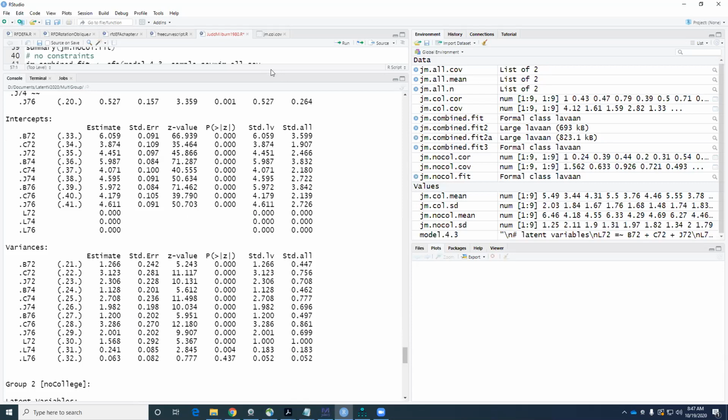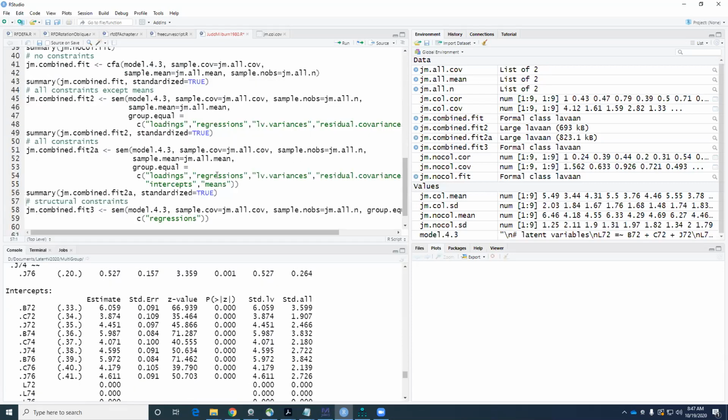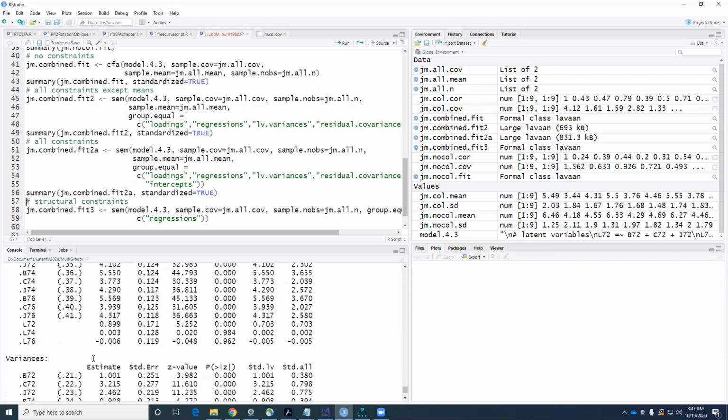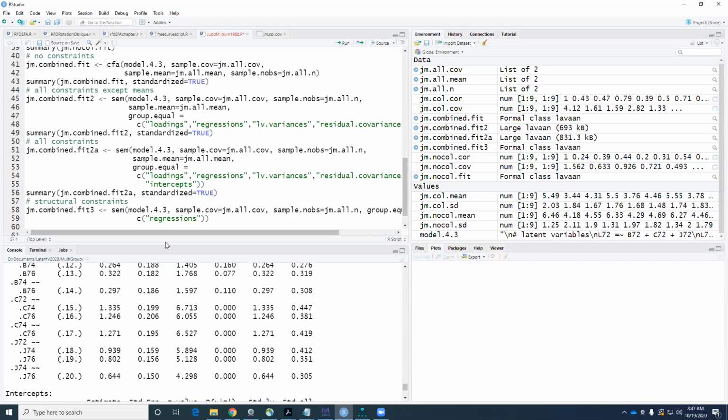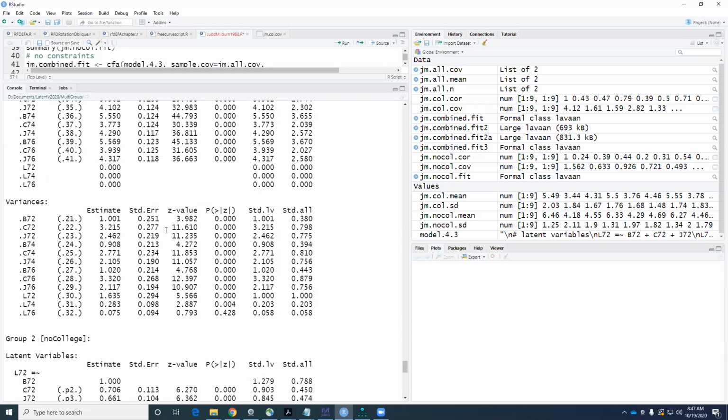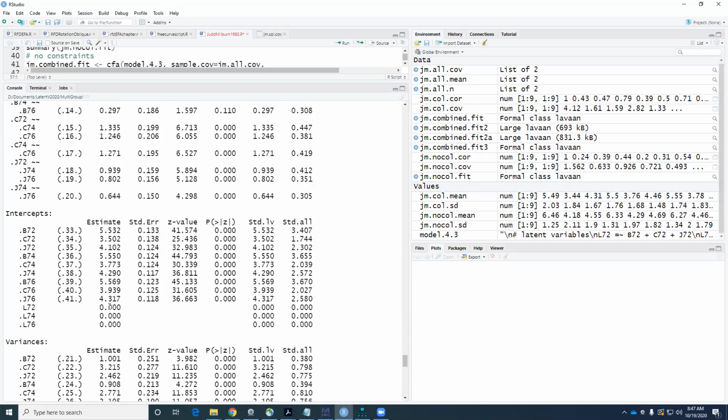I could come back upstairs here and fit another model that says that the intercepts are the same, but that the means are actually different, to mirror what we did before in Mplus. So now here in group one, we've got our intercepts and our means.